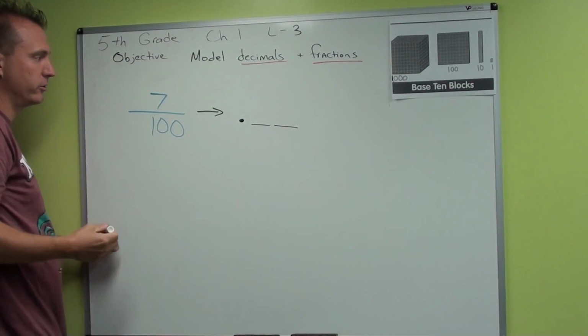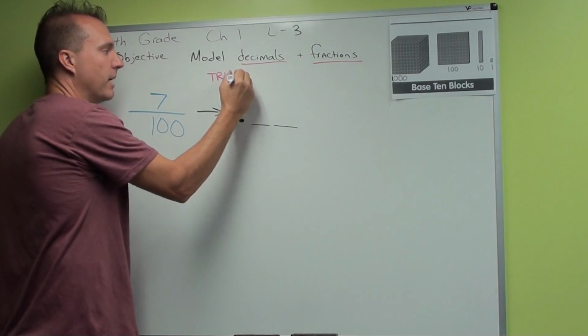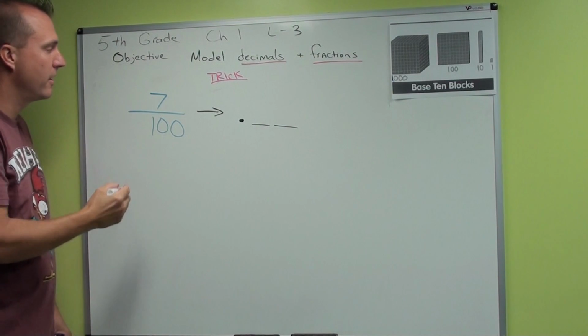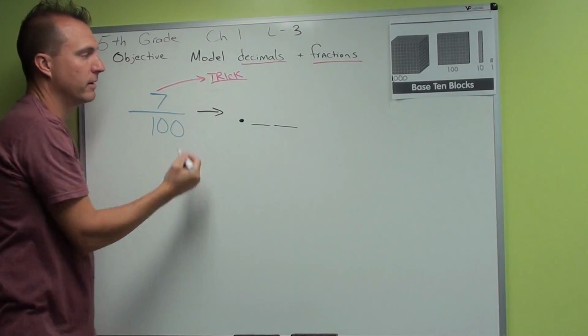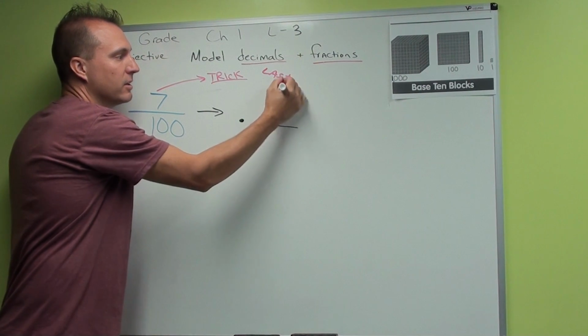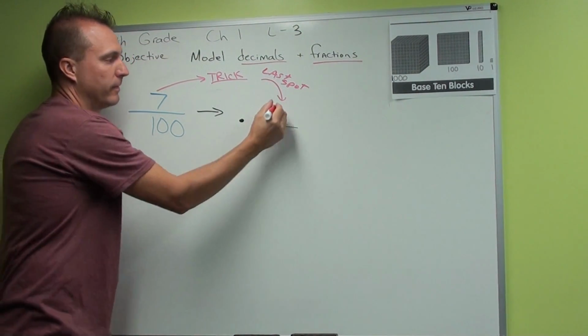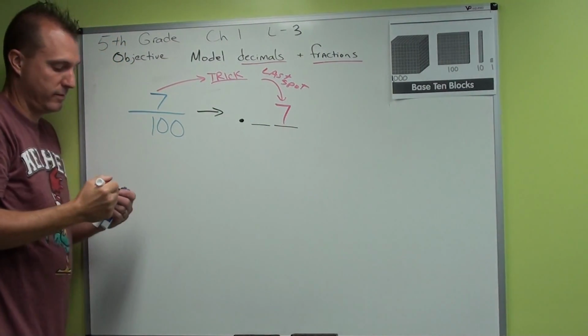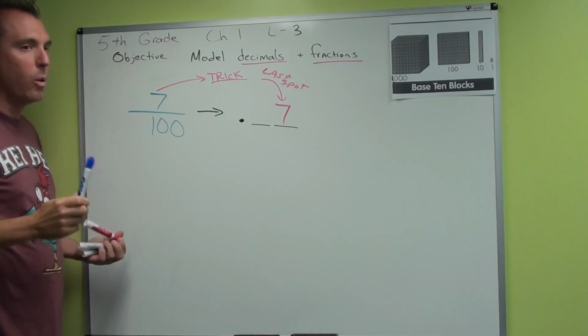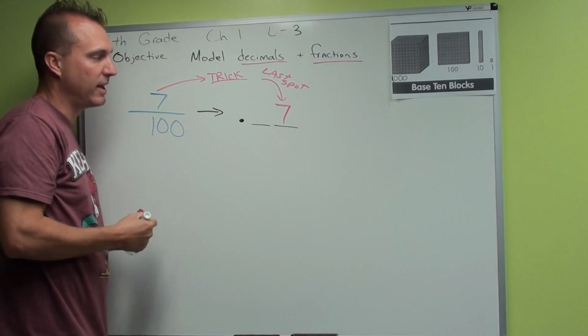Uh-oh. Trick. In math, they try to trick you sometimes. You have to take this 7 and you have to put it in the last spot. That's the beginning of the trick. What do you think goes in that spot?